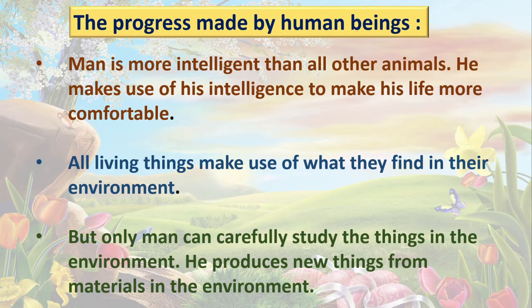Means he studies the environment carefully and then he collects the resources from the environment and he transforms the material into a new one that helps man to live comfortably, because he wants to make his life more comfortable, isn't it?